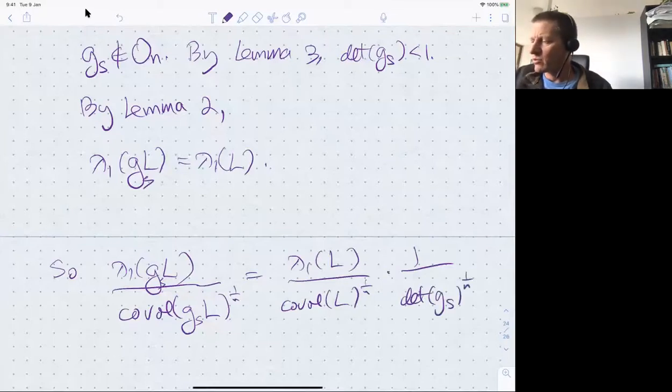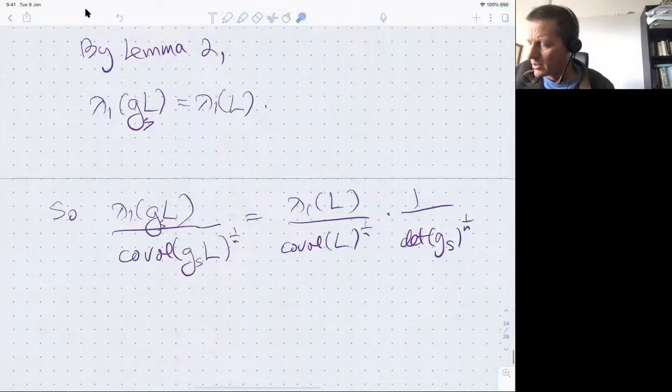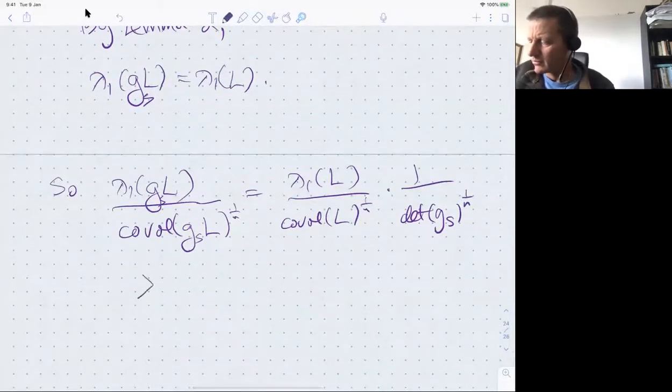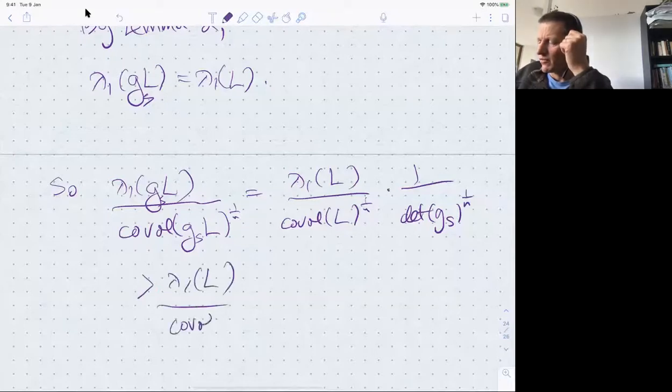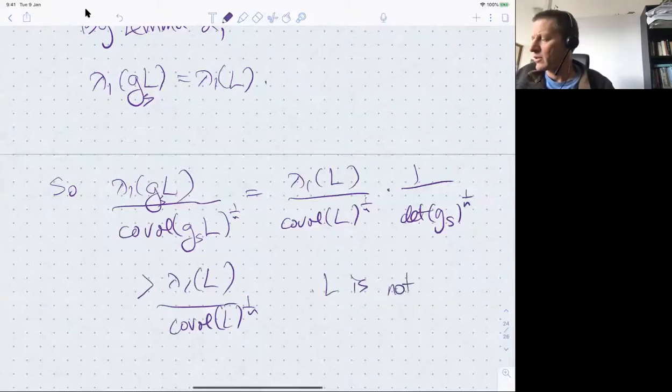But this quantity is less than 1. We're taking 1 over that, so this is bigger than lambda 1 of L divided by the covolume of L to the 1 over n. And so L is not critical.